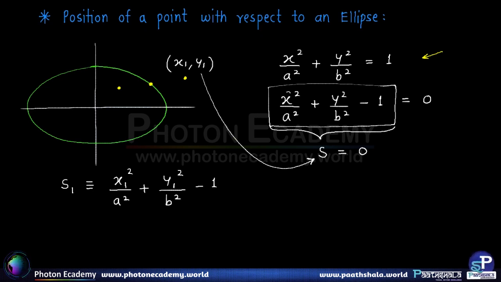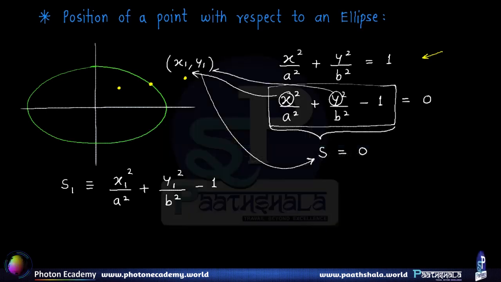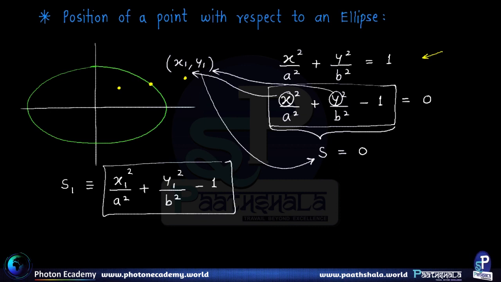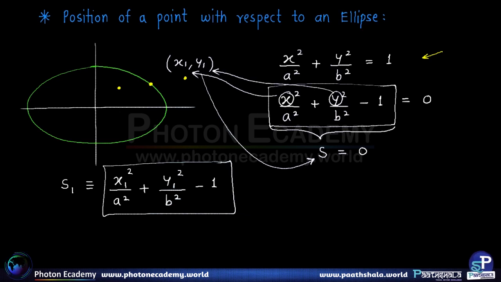Wherever we have x and y, we substitute the coordinates of the given point. So we will get some value of the expression S1. Now we just have to check whether S1 is greater than 0, less than 0, or equal to 0, which will distinguish the position of the point.